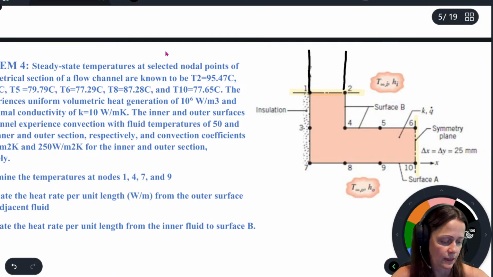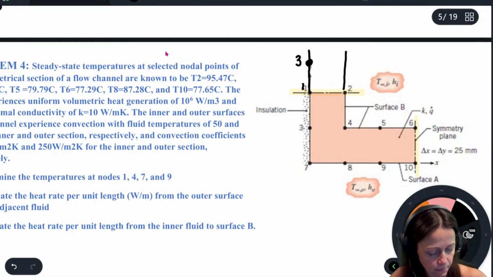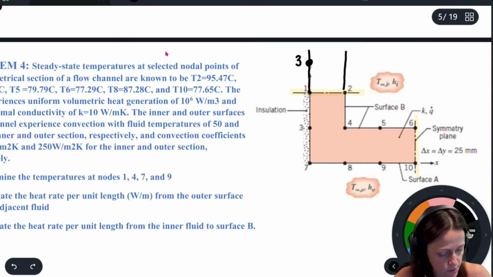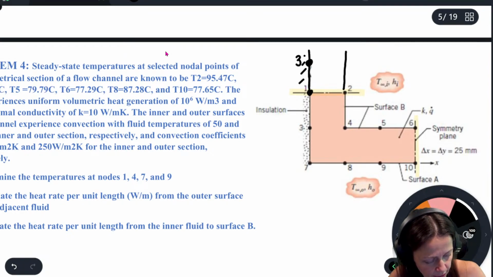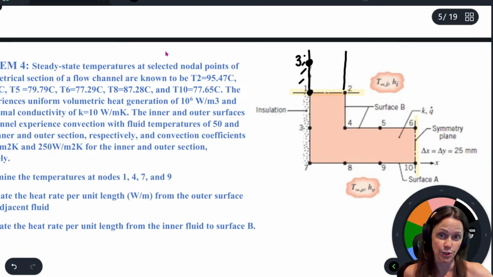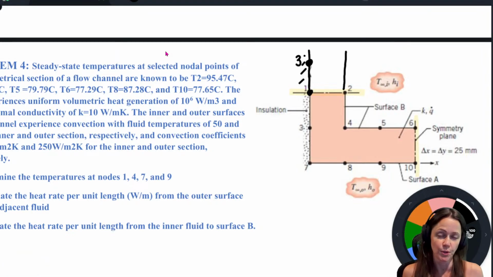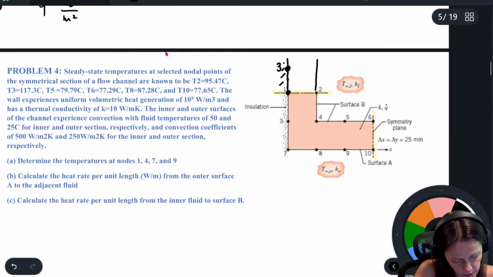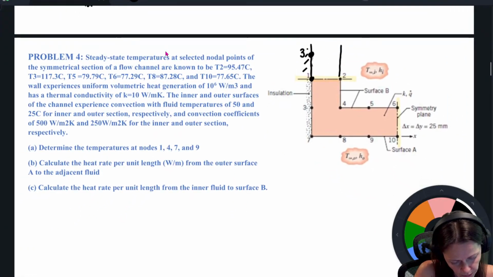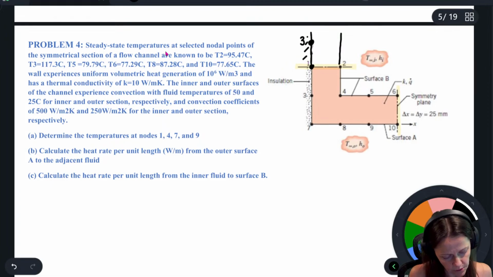So you could define another node up here to be 3, and this one is 1. Still, there's an adiabatic surface here. So you've got the little dots there indicating that all the way to the left, that's an adiabatic surface and you don't have any heat transfer for that. All right, so before we do anything, let's read our problem statement and see what's going on.